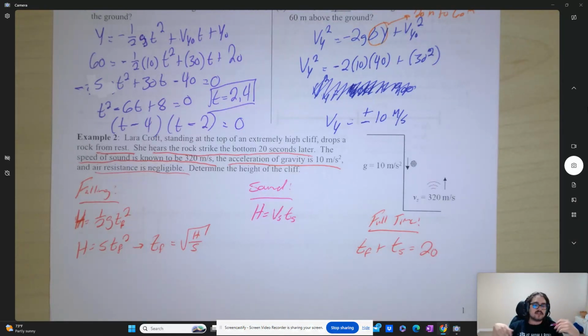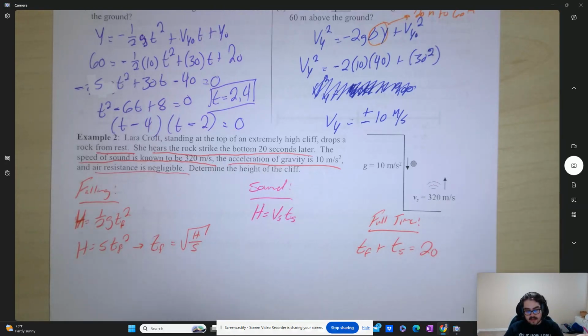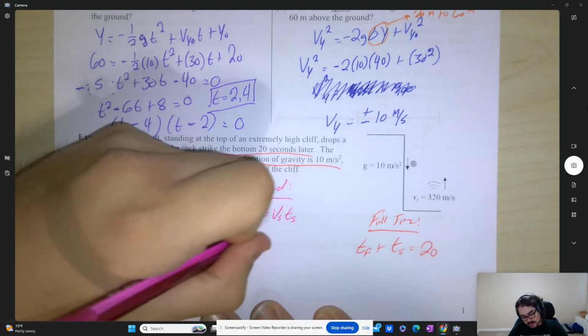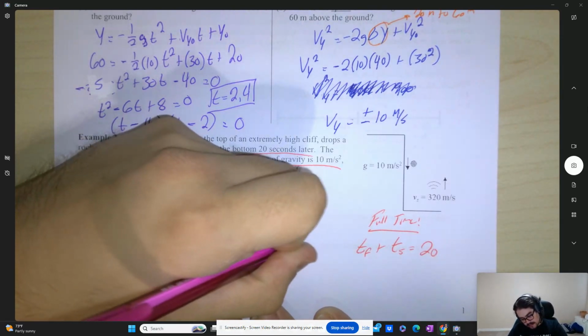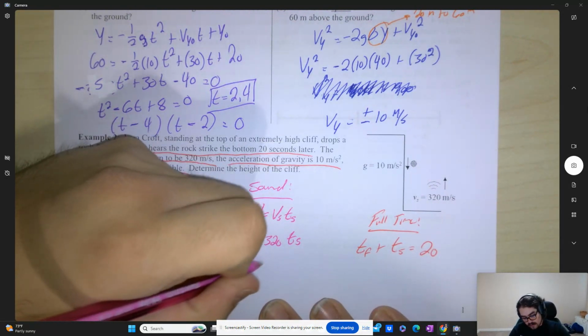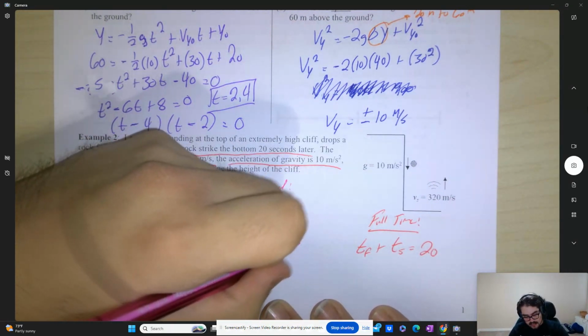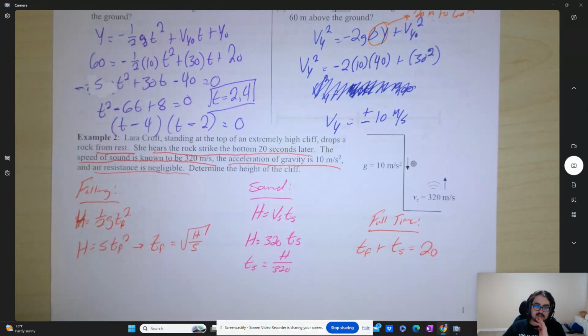If it goes 320 meters per second, and it takes 1 second, well then it would go 320 meters, right? So that can give us our result. And we know that v sub s is 320, so we can get that h is equal to 320 t sub s. And when you get t sub s by itself, you're just getting h over 320, that's all you gotta do for that.